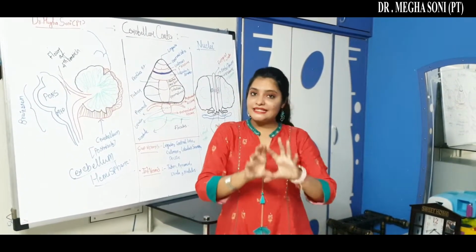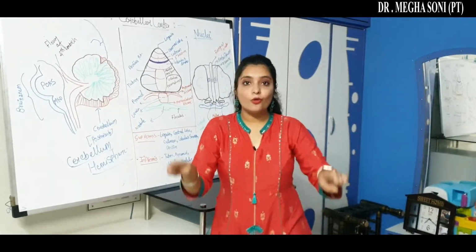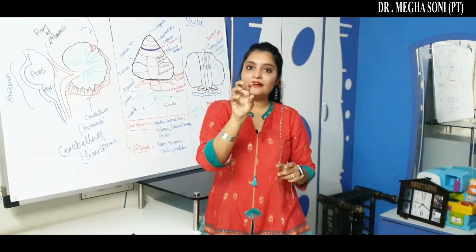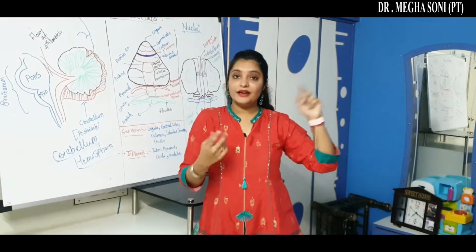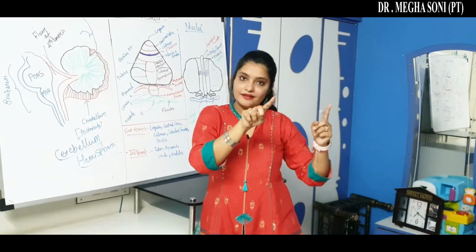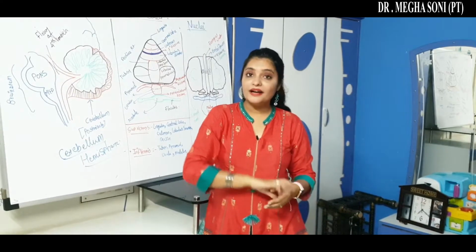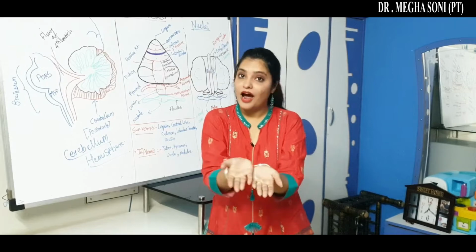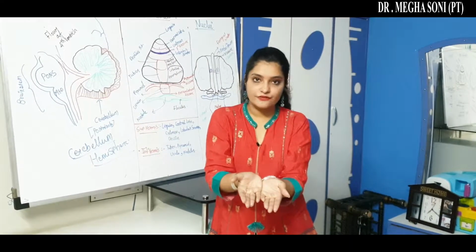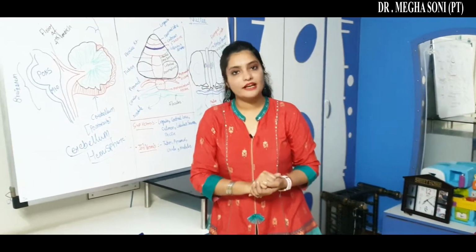But in the cerebellar hemisphere, the grey matter is situated outside and the white matter is situated inside. We have seen in the spinal cord, right? The white matter is situated outside and the grey matter is situated inside. But in the cerebellar hemisphere, the grey matter is in the outer portion and the white matter is in the inner portion.